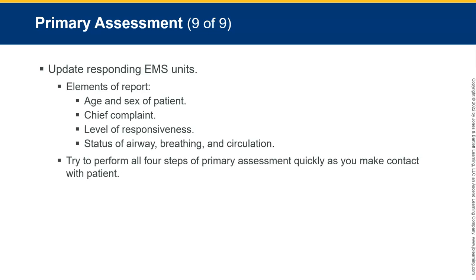One of the really big deals is to update the responding units. That's one of the best things you can do: give a good patient report to the responding unit so the ambulance coming in knows what's going on. If they get sold the bad bill of goods that dispatch might have given you, it's not good for our patient. Remember, we're all patient advocates.